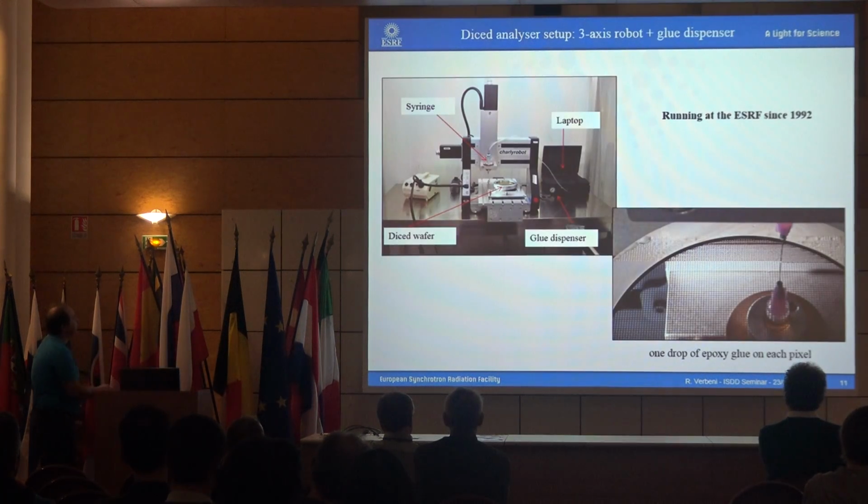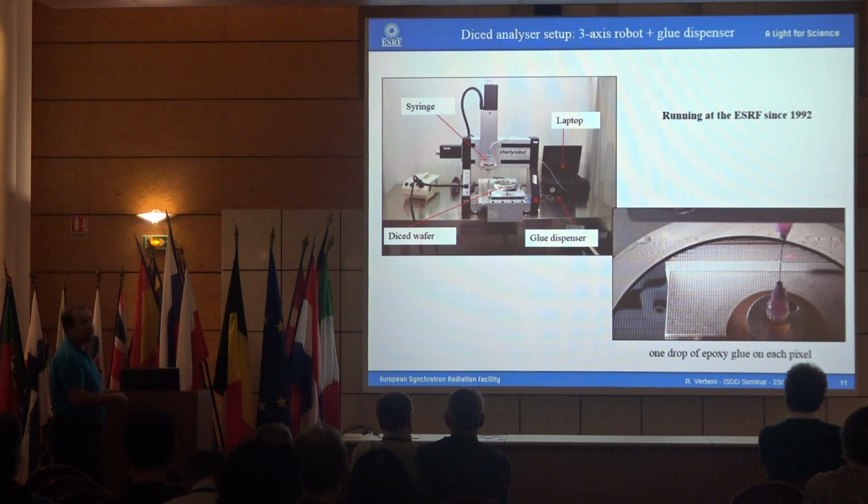Okay, next one. This is a setup I'm using for my dice analyzers. Here is a 3-axis robot controlled by a laptop. Here you have a syringe with glue and a very, very thin needle. Here you have the glue dispenser. The goal of this equipment is to put one drop of glue on each cube.